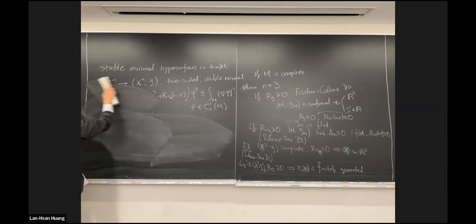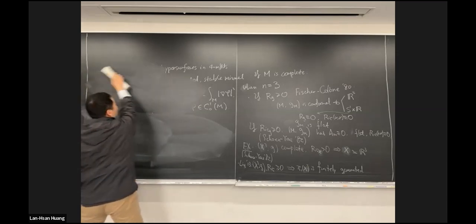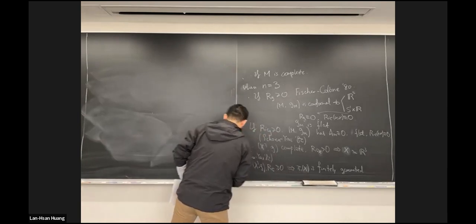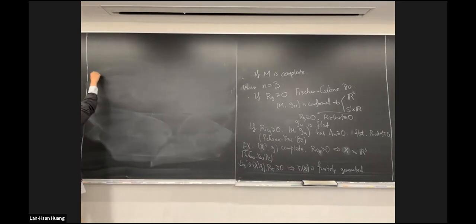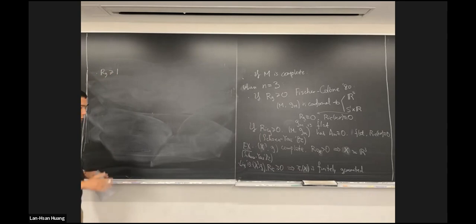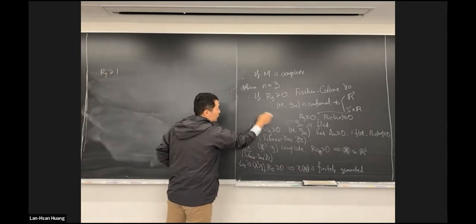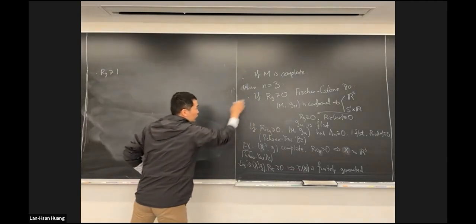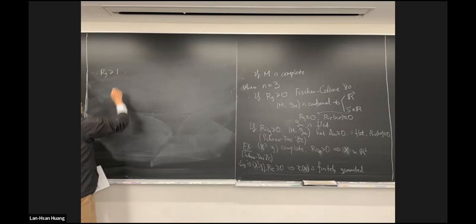But just to make a parallel case with the compact picture, the closed picture: still in dimension 3, if you assume the scalar curvature of the ambient manifold is bounded below by some positive constant, say 1, then you still have all the conclusions from before, but you also have something more.